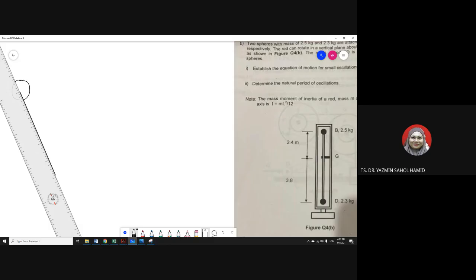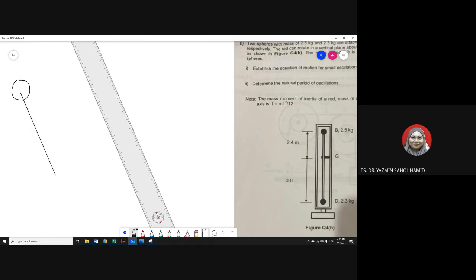Right. We need to make two drawings of the rod. One is due to the weight, and the other is due to the rotation of the rod. So first let's draw the first pendulum rod, and here's the second.